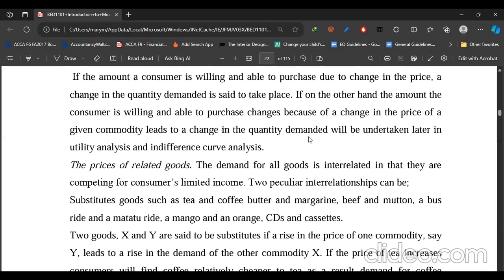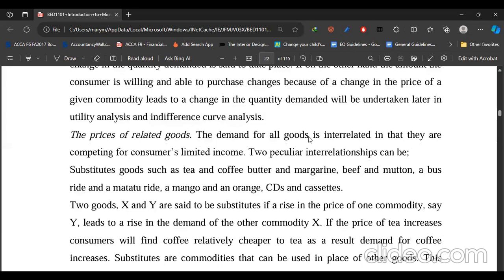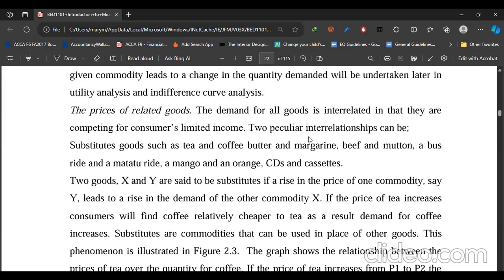Now, that being said and done, we are saying number 2 here, when you look at the price of related goods, as we have articulated up there, the demand for all goods is interrelated in that they are competing for consumers' limited income. Two peculiar interrelationships can be substitute goods such as tea and coffee, butter and margarine, beef and mutton, a bus ride and matatu ride, a mango and orange, CDs and cassettes.